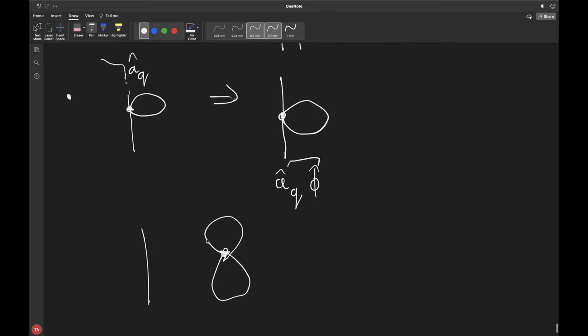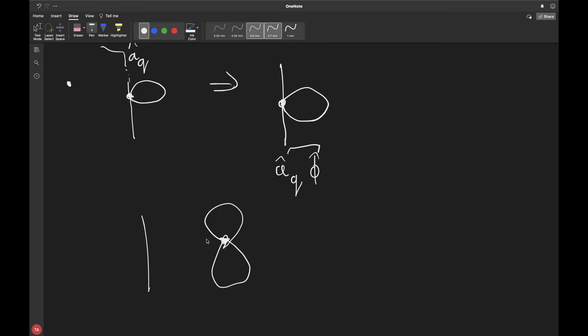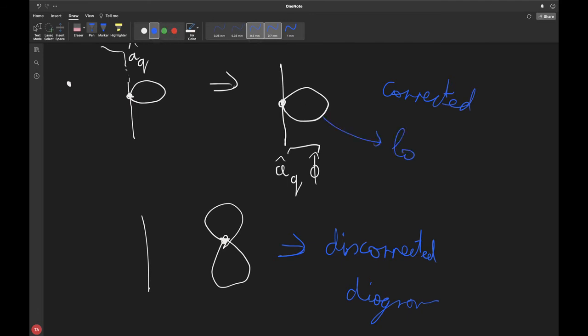This is called a disconnected diagram, and it will have no contribution, as we will see, but it's still a possibility. This is a connected diagram, and this is a connected diagram, and this thing here was a loop.